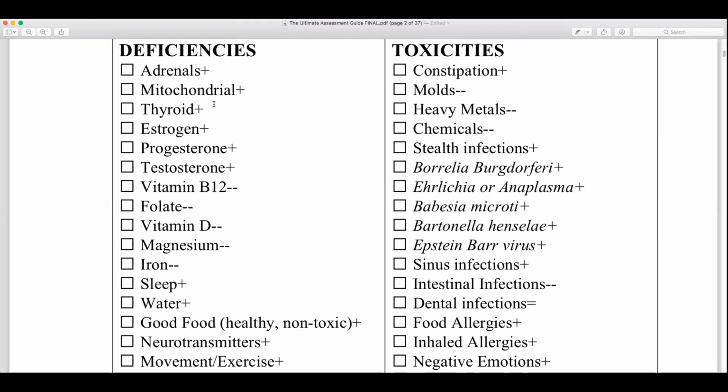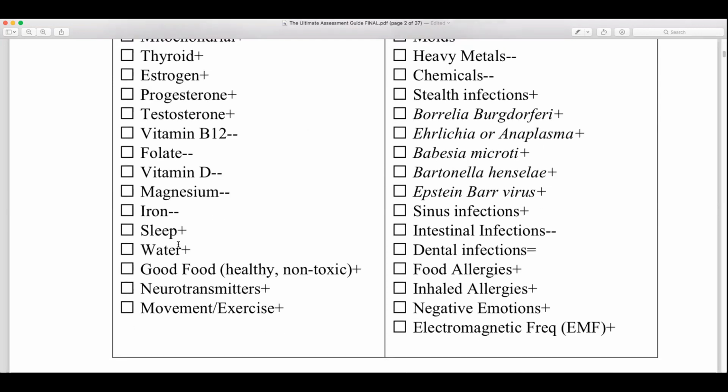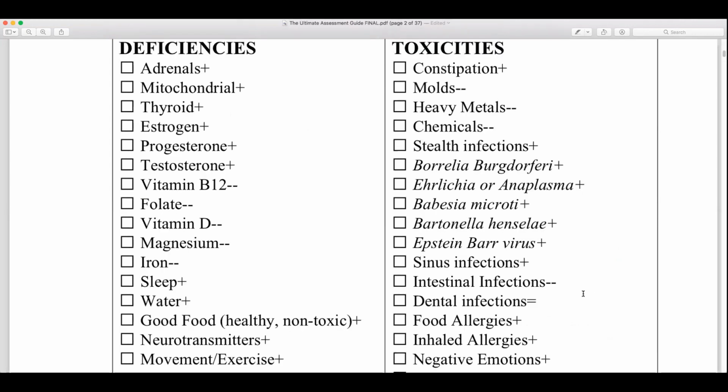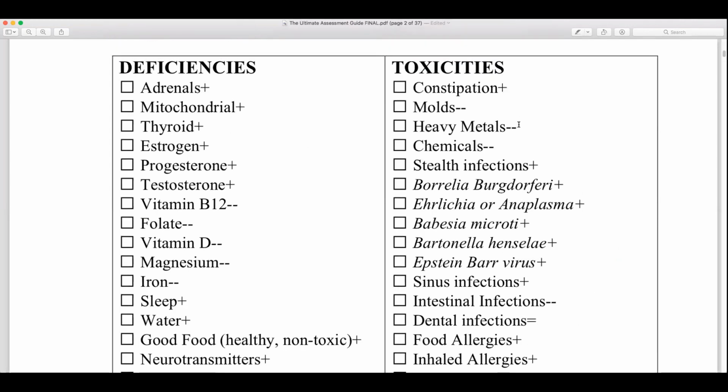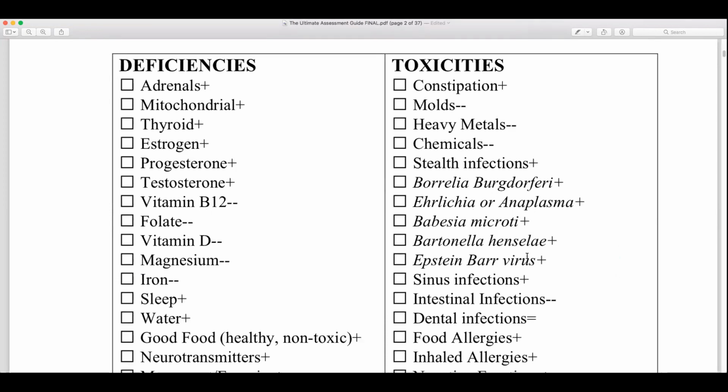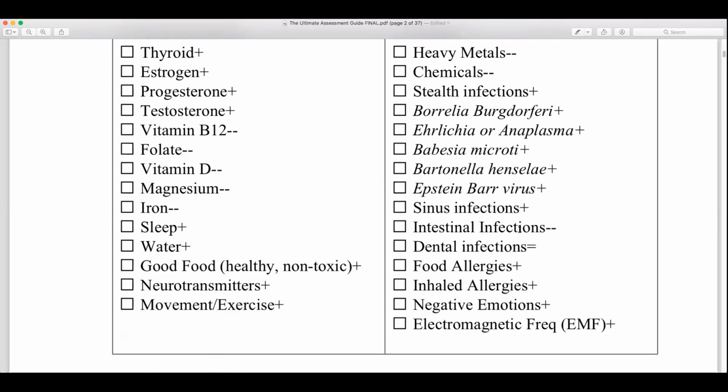So adrenals, mitochondria, thyroid, estrogen, progesterone deficiency, testosterone, sleep deficiency, water, good food deficiency, neurotransmitters, movement, exercise. And then over here under toxicities: constipation, stealth infections, sinus infections, food allergies, inhaled allergies, negative emotions, and EMFs.